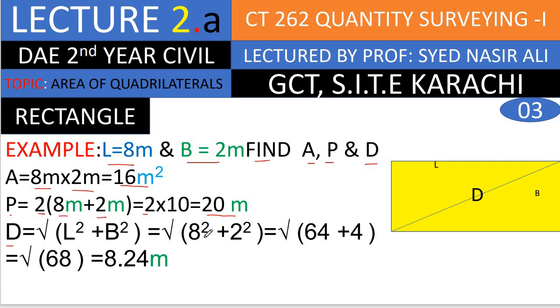L is 8, squared, plus breadth 2, squared, gives 64 and 4. Add them, this is the square root of 68, and when you take the square root of 68, you will get the diagonal length 8.24 meter. This is the length of the diagonal of this rectangle.